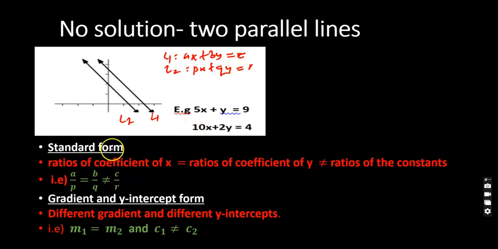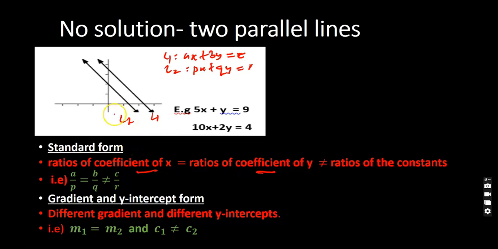So this will be no solution if the ratio of the coefficient of x is the same as the ratio of the coefficient of y, but is not equal to the ratio of the constant. That means a over p is the same as b over q, but is not equal to c over r. At that point, we say the two equations have no solution.